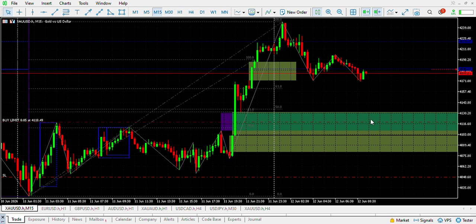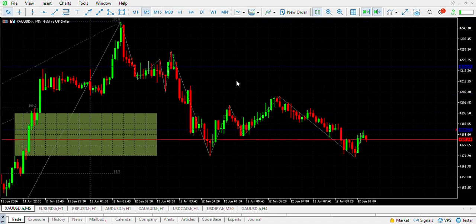So I expect the market to come back down, give me a structure, and then break the structure going back up, just the way it did on 30 minutes. That's what I'm waiting for.